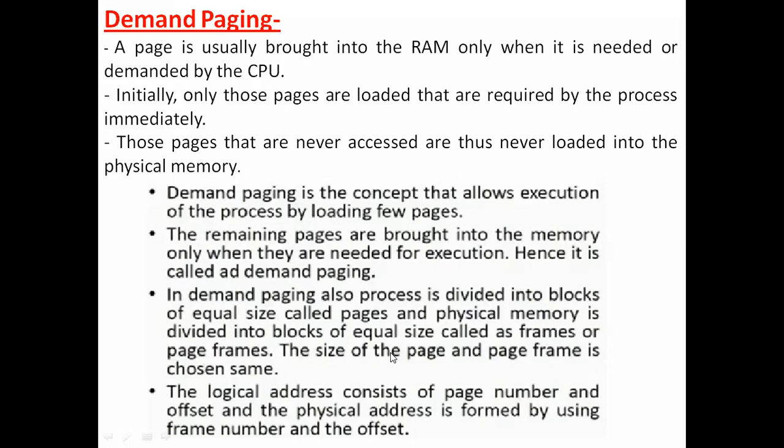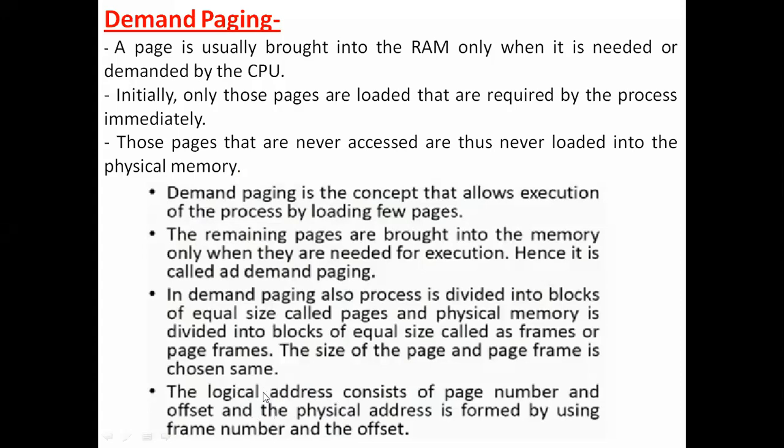The size of the page and the size of the page frame are the same. Regarding the logical address, it consists of the page number and offset, and the physical address is formed by using the frame number and the offset, exactly similar to what we did in paging.